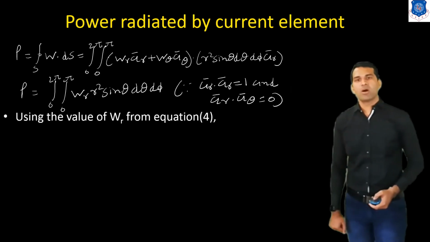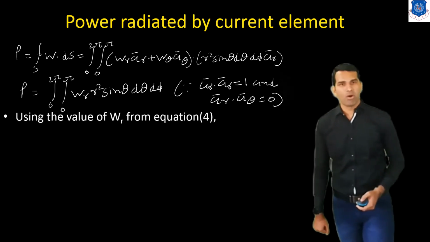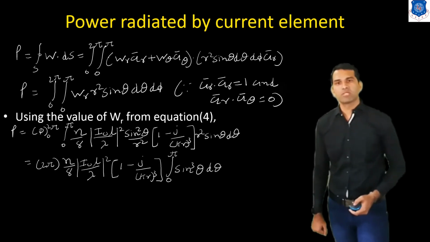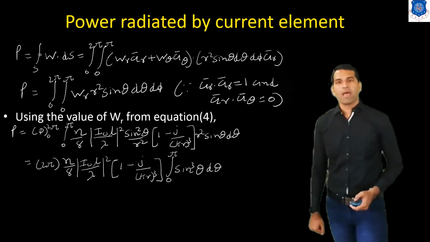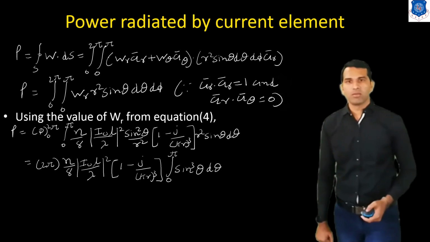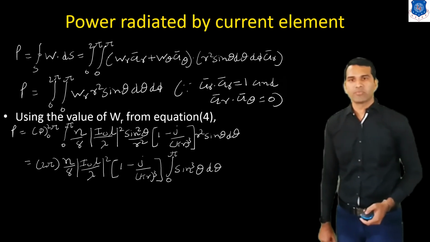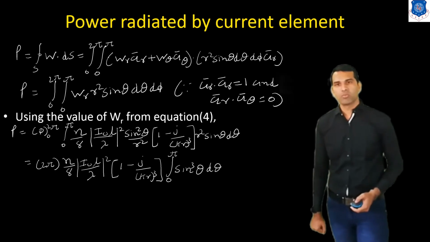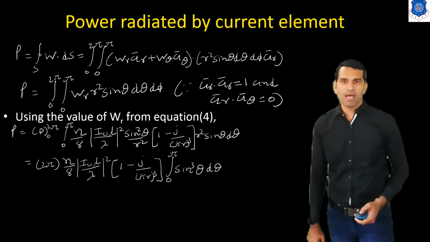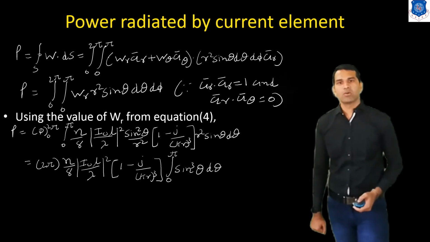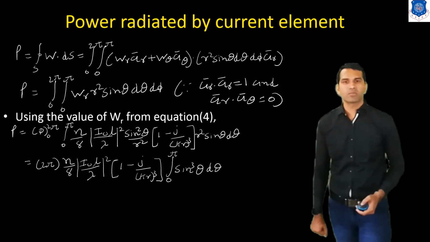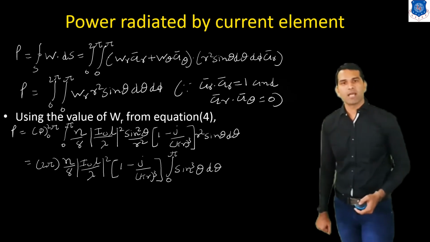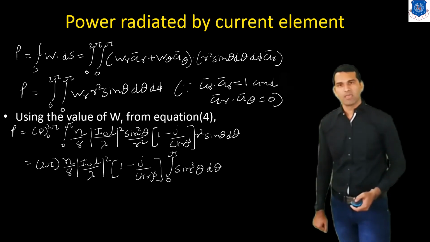Using the value of W_R from equation number 4, we have the value of W_R. Now we substitute the value of W_R and solve the equation for P. So P equals the integral from 0 to 2π, 0 to π of η/8 (I0 L/λ)² sin²θ / R² (1 − j/(kR)³) R² sinθ dθ dφ.